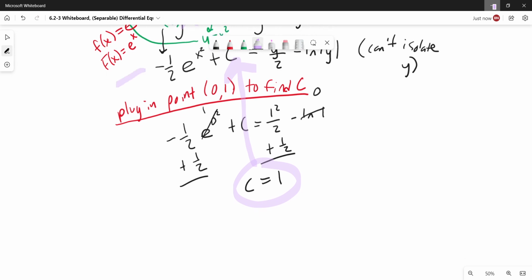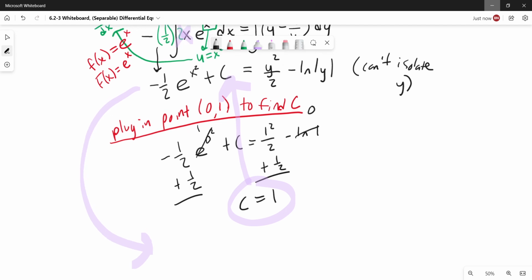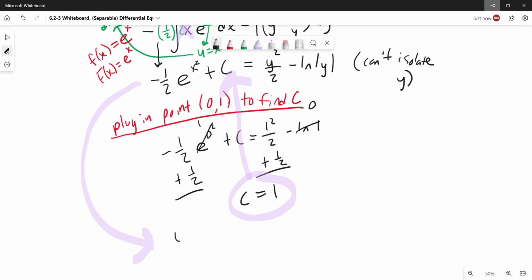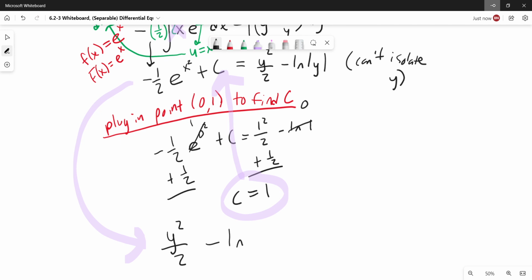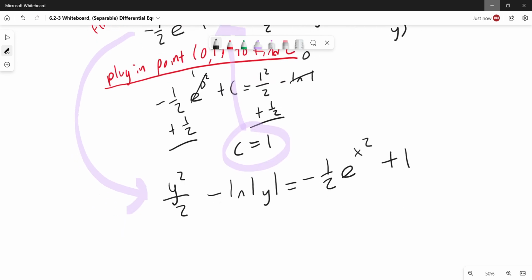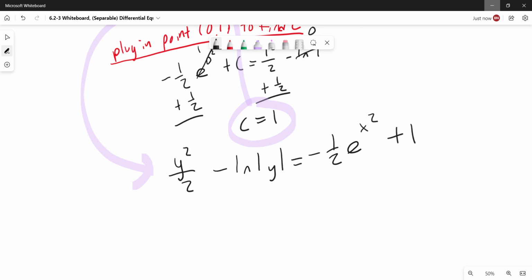All right, so I'm going to write the y's first. So y squared over 2, no, it's not plus. Sorry, I'm losing my mind. Minus ln absolute value of y equals negative 1/2 e to the x squared plus 1. But then, for style points, they multiply everything by 2.